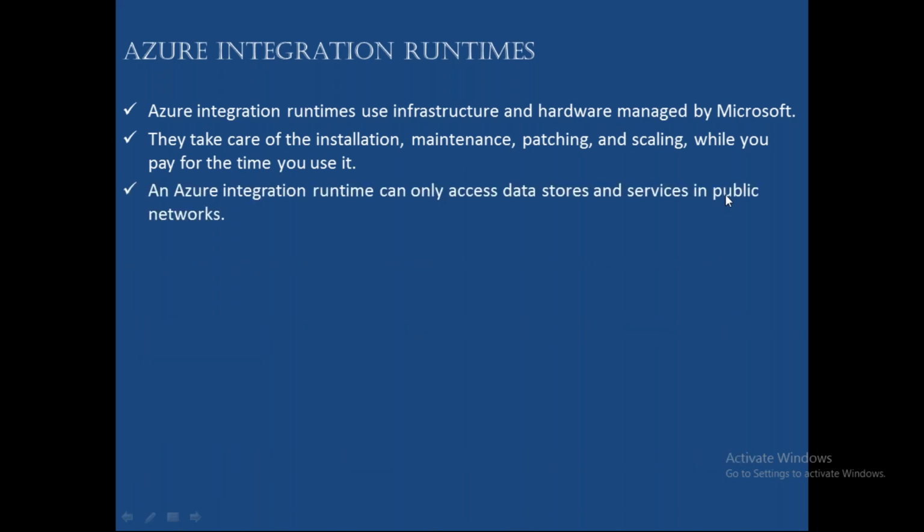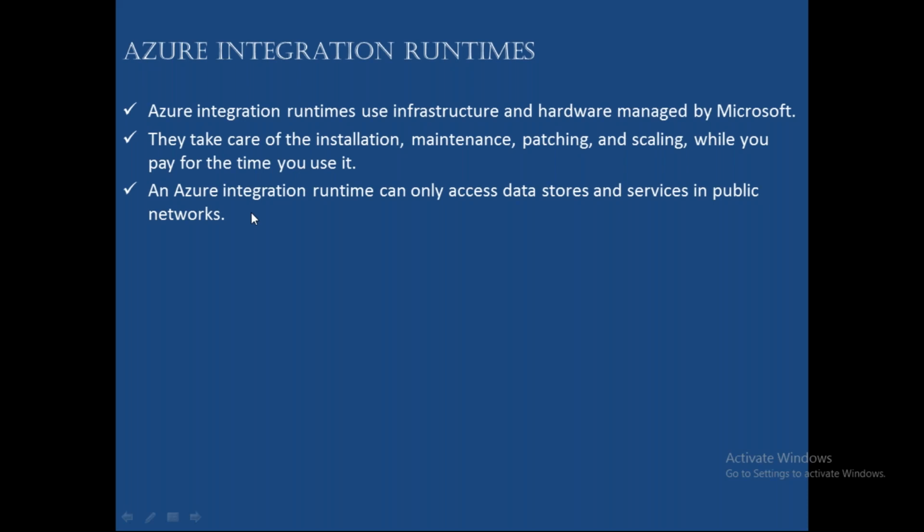That's all. Next. Azure Integration Runtime can only access the data stores and services in a public network. What is a public network? It's nothing but in the cloud. Whatever data you have in the cloud, only those things our Azure Integration Runtime can access.